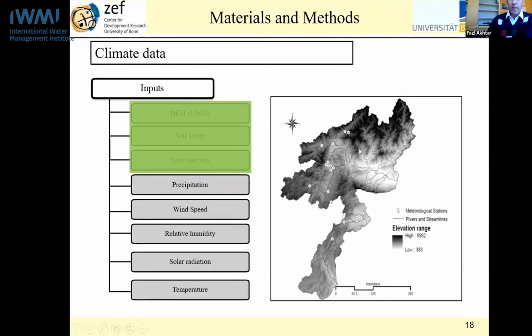So observed data was used, and I also did some analysis between the observed data and the CFSR data. There is a close resemblance. So I would recommend for future use to use CFSR data in such a complex watershed, especially a mountainous watershed. You see everywhere a stream network and the elevation difference is so high. So CFSR could be the best alternative, I think.